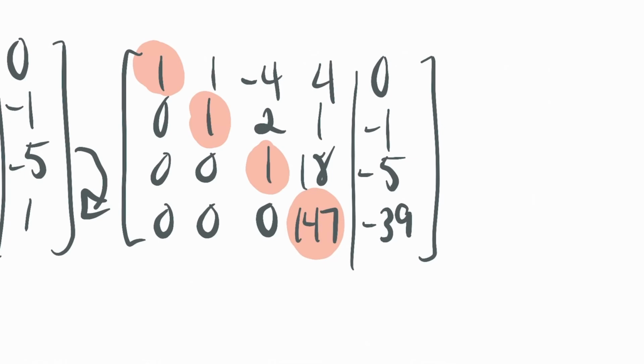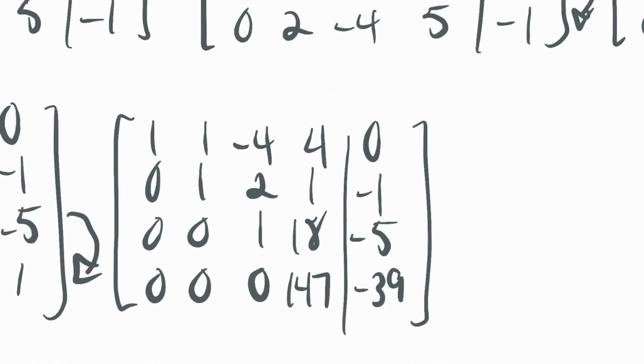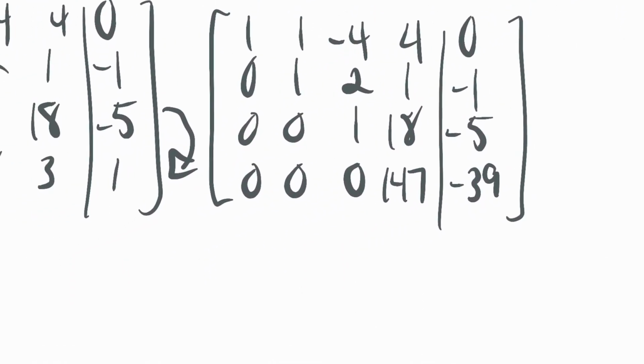We need a 1 where the pivot is, so I'm going to divide that row by 147. Does that divide evenly? 39 over 147 doesn't divide evenly, but it reduces.